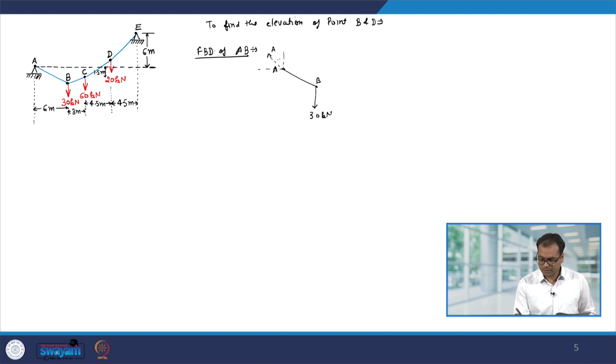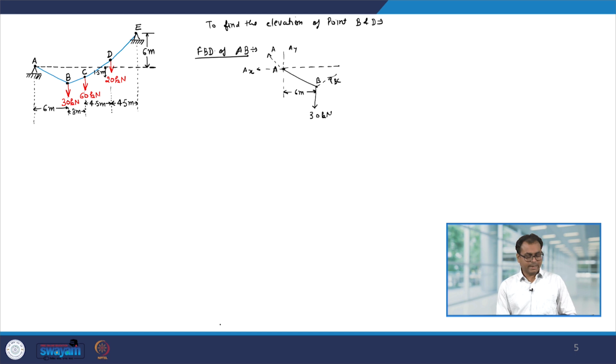We can divide it into the vertical component AY and AX, and at B we will have a force TBC. Now, this is given, this is 6 meter, and we have to determine what is the elevation. So, let us say the elevation from point A is YB.